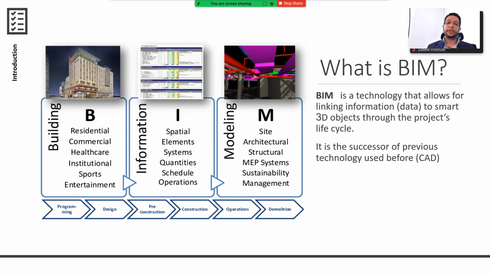So it includes 3D information of building components, and that 3D information is linked to actual data that could not be graphical, could be just text or relevant information or links. And it is actually the successor of the technology that we used before, which is CAD, the computer-aided design tools.